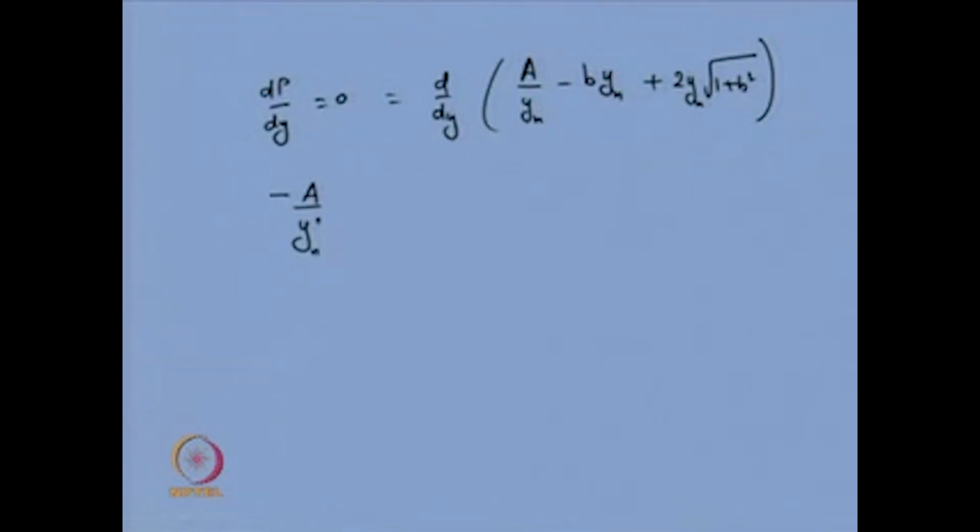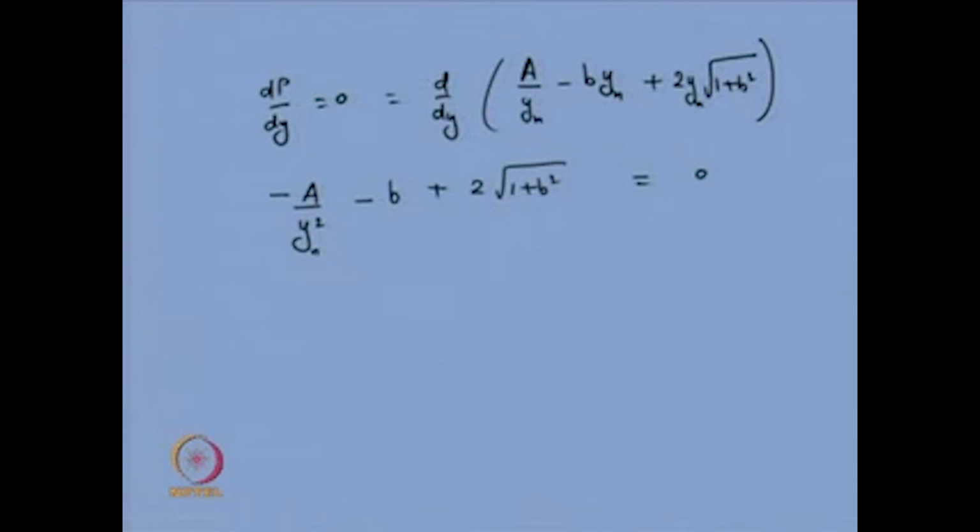So, d by dy of A by y_n minus B times y_n plus twice y_n root of 1 plus B square. This is equal to 0, as you know. Differentiate the quantity, you will get minus A by y_n squared minus B plus 2 times root of 1 plus B squared.